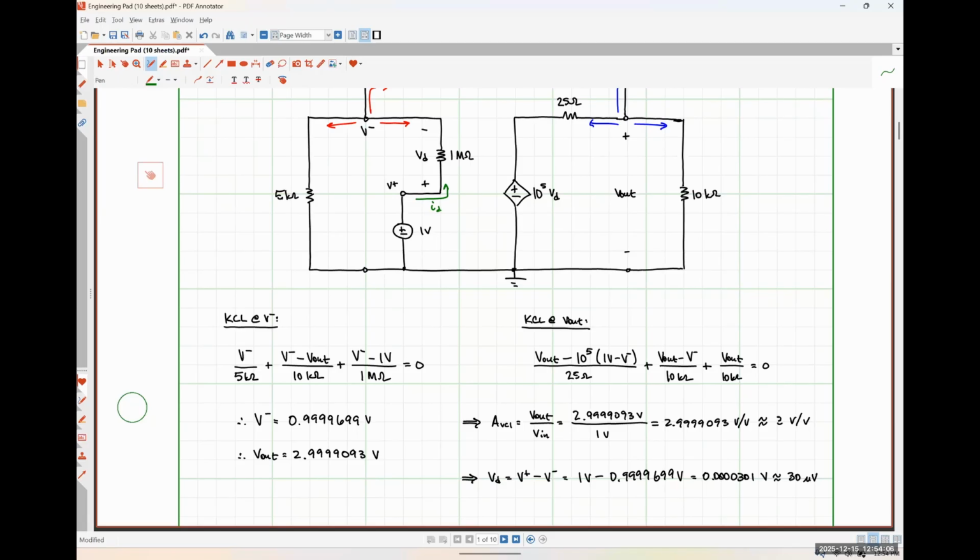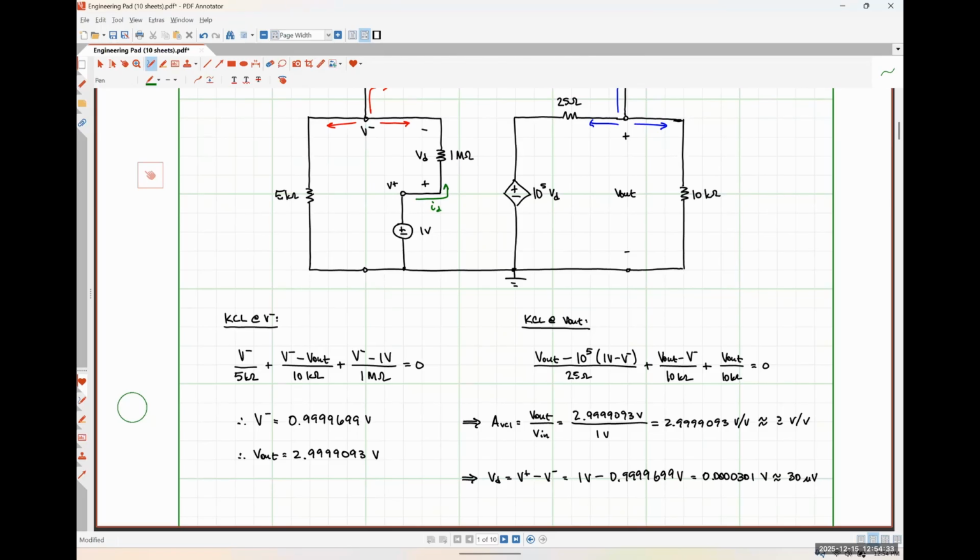Just using Ohm's law, that would be VD divided by 1 mega ohm. So we'd have 30 microvolts divided by 1 mega ohm is going to come out to be 30 picoamps. So 30 times 10 to the minus 12 amperes. Practically no current flows into that input impedance.